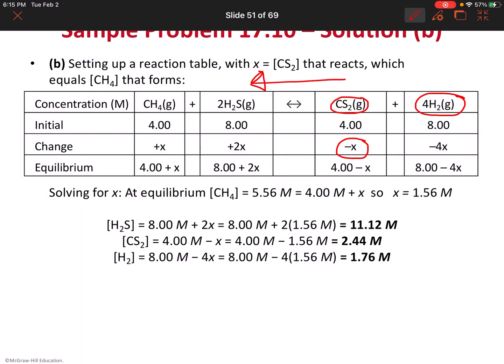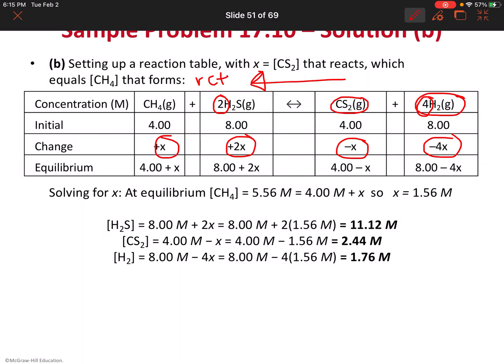So hydrogen, since the stoichiometry ratio is 4, it would be negative 4x. And now we are making more reactants on this side. So 2 H2S plus 2x, and this one plus x. Okay, it's reversed, because the reverse is what's happening.